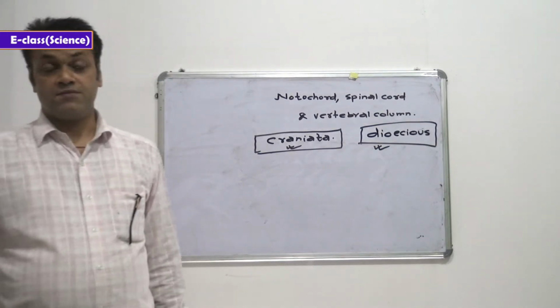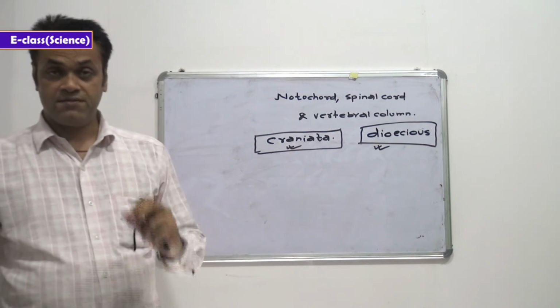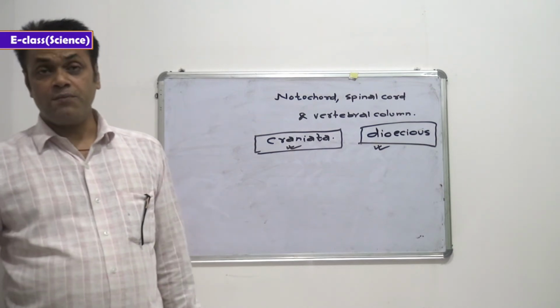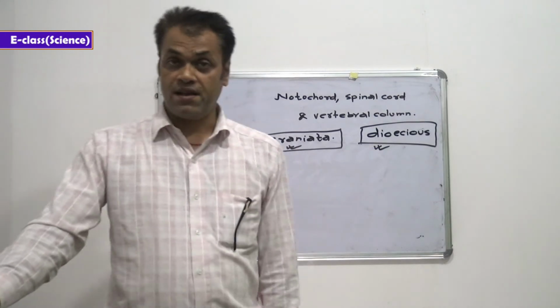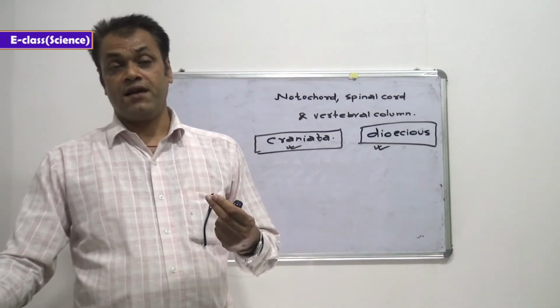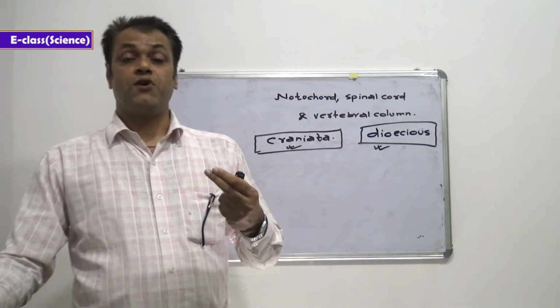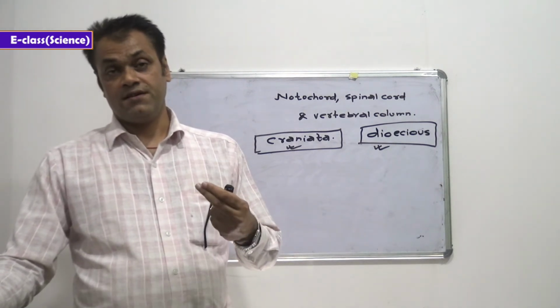So these are the characteristics of vertebrates. Some vertebrates have 8 or 10 pairs of cranial nerves, some have 10 pairs, and some have 12 pairs of cranial nerves. You have understood this.